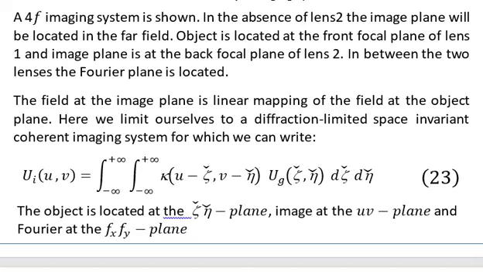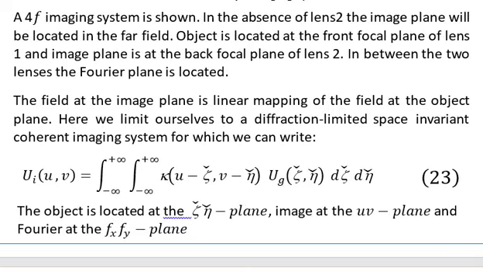Here we are also talking about a diffraction limited space invariant system, so that only diffraction will deteriorate the quality of the amplitude image. There are no other defects present in a lens. The difference between the coordinates in kappa indicates that we are talking about an invariant system.